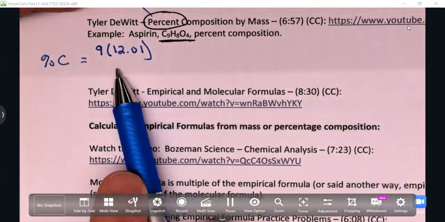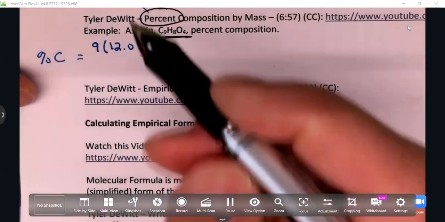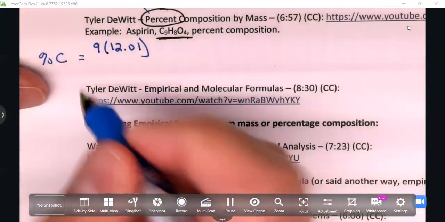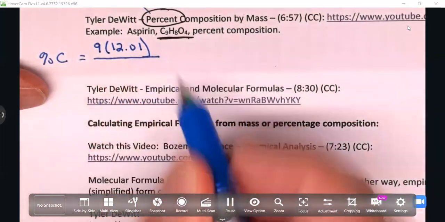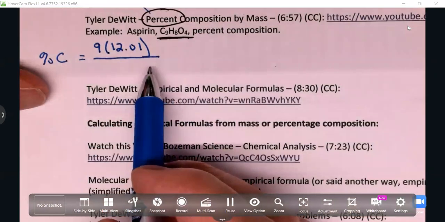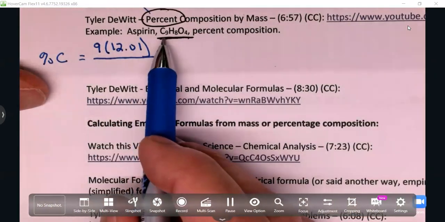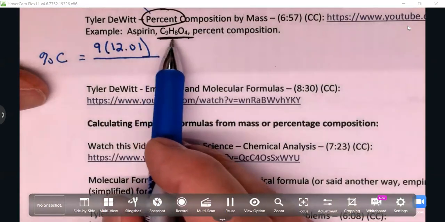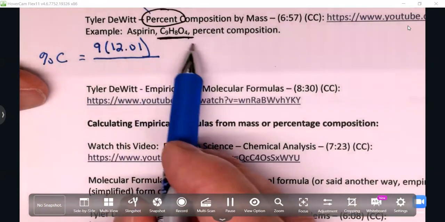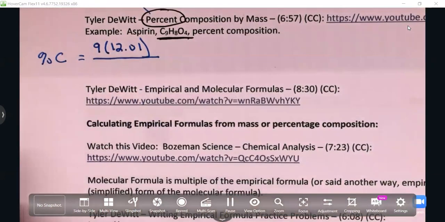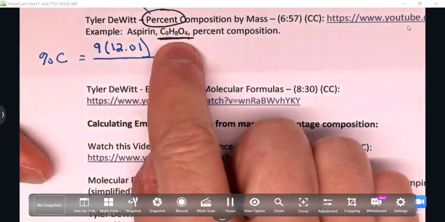That's the part carbon over the whole. Now the whole would be the whole molar mass. So we have to add up 9 carbons, 8 hydrogens, 4 oxygens. So what is the molar mass of aspirin when we do that?